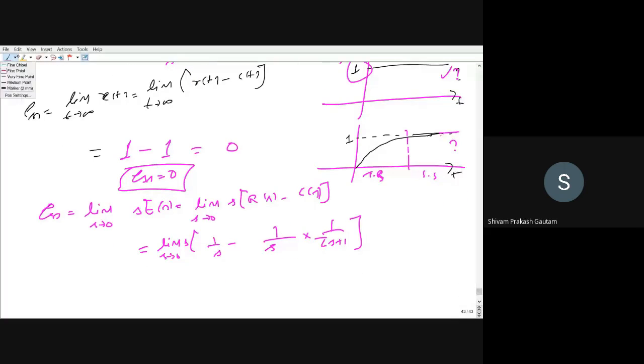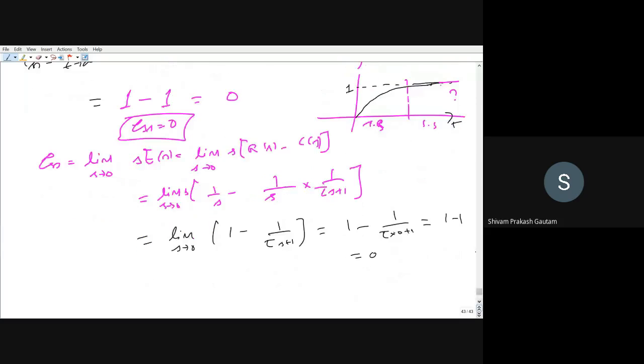Taking s inside the bracket, this will be 1 minus 1 upon tau s plus 1. Substituting s equal to 0, this is 1 minus 1 upon tau into 0 plus 1, so 1 minus 1, which is 0. Both ways we are getting steady state error equal to 0.